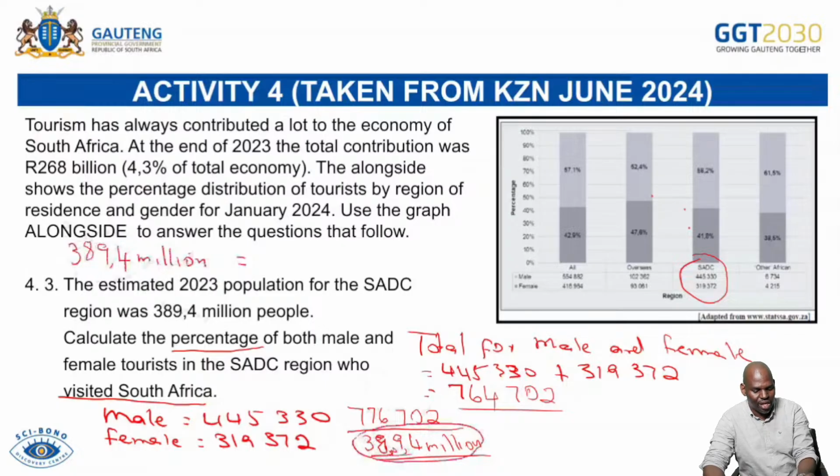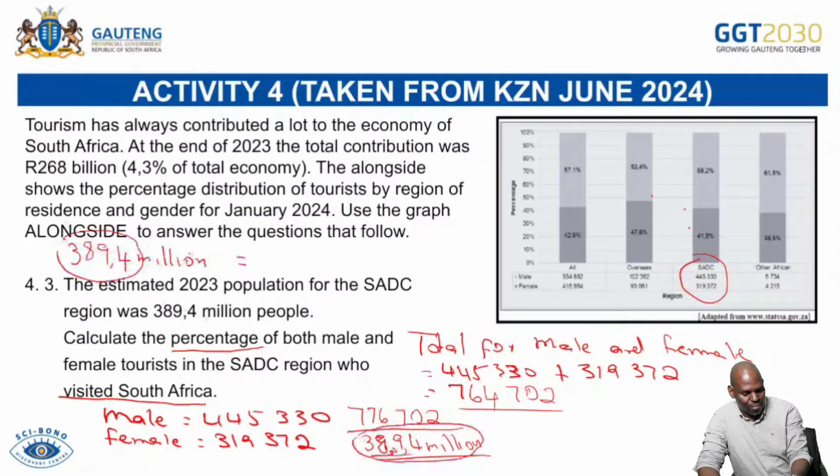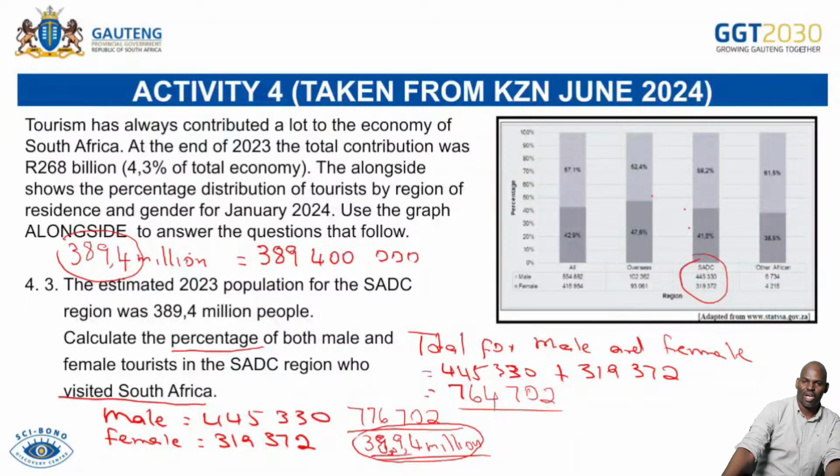I have to take this value 389.4 and multiply it by 1 million. So it's the same as 389,400,000, if you multiply it.